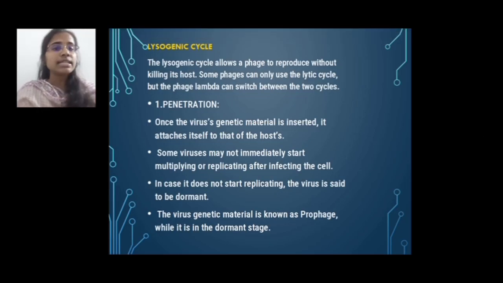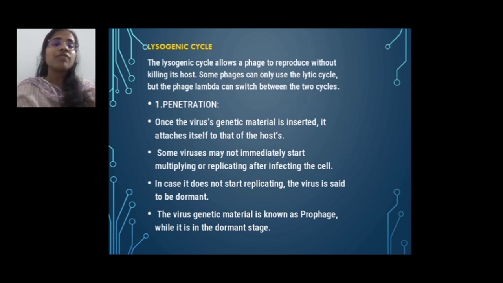The lysogenic cycle allows a phage to reproduce without killing its host. In the previous cycle, we learned that after the virus enters the host cell, it tries to disintegrate the host cell and reproduce itself.